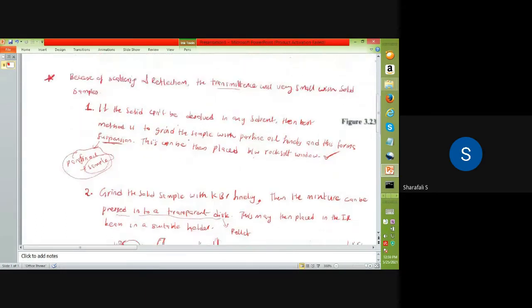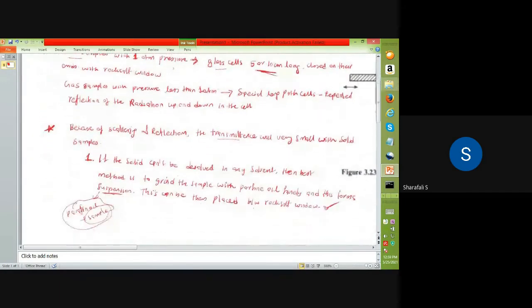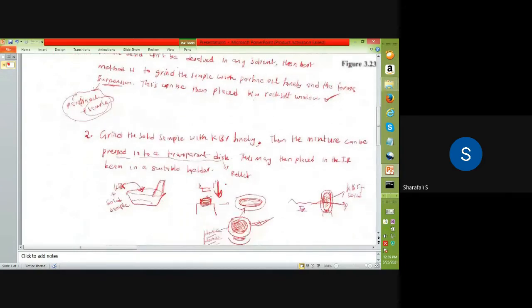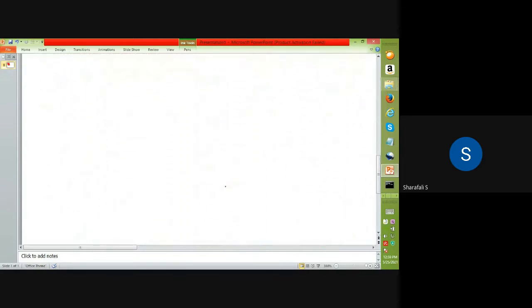So we already discussed some basics of the introduction to the FTIR spectrometer, and today I will cover some more points. We discussed the Fourier transform technique in the last class.